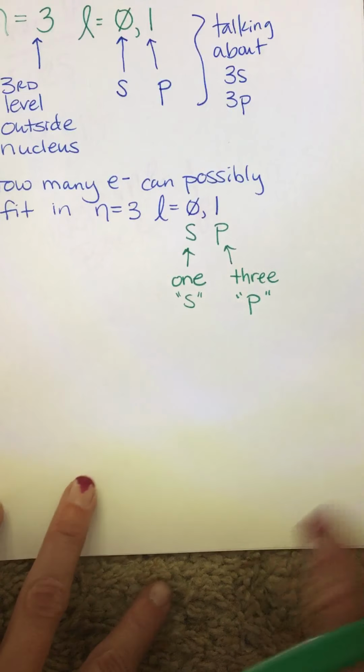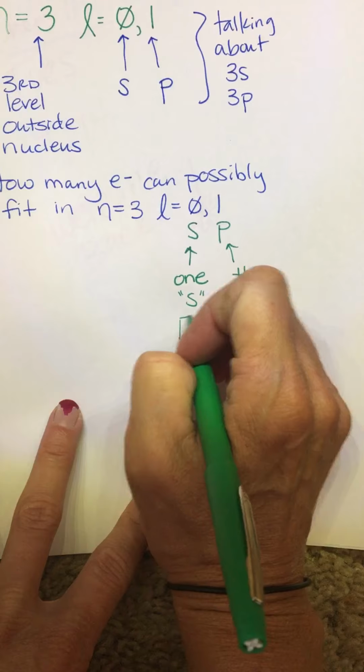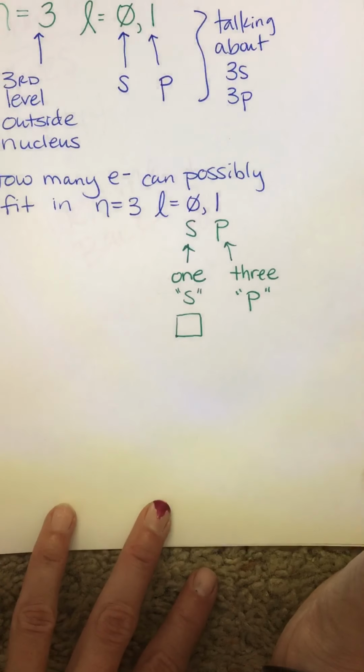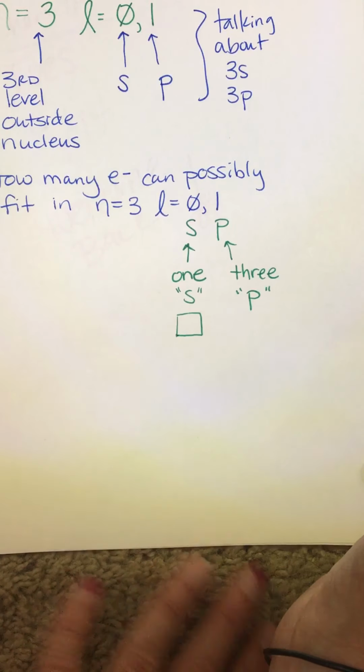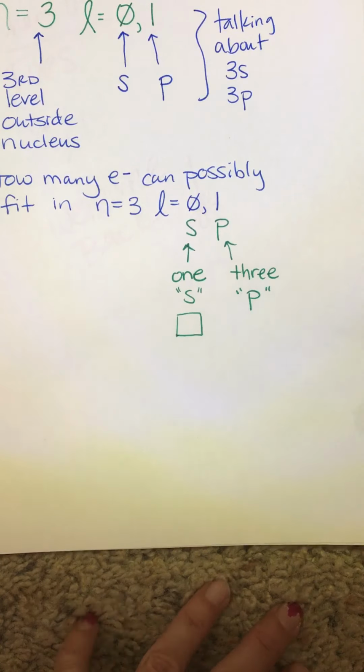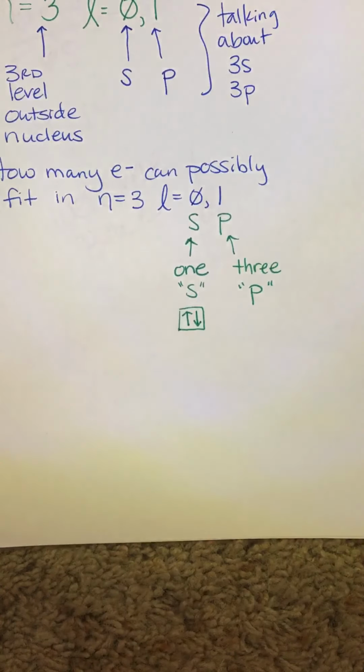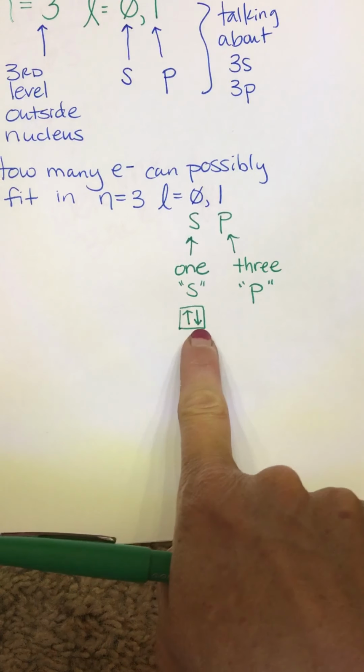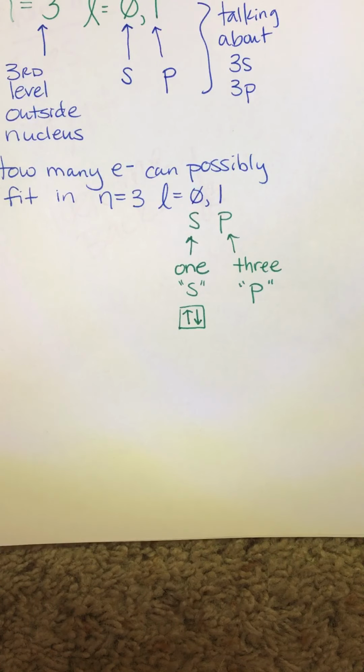If we imagine using boxes to indicate how many electrons we have, we talked about the Pauli exclusion principle of how many electrons can fit into an orbital. I could fit in 1 and then 2 here. Can I put a third one in there? Nope, because it would repel.